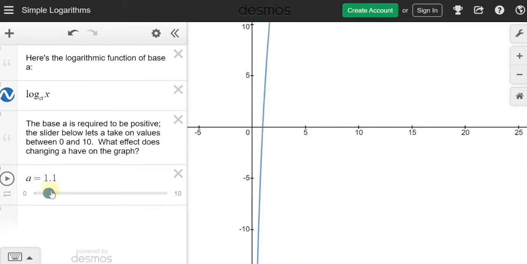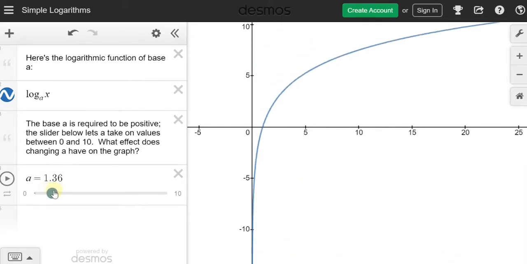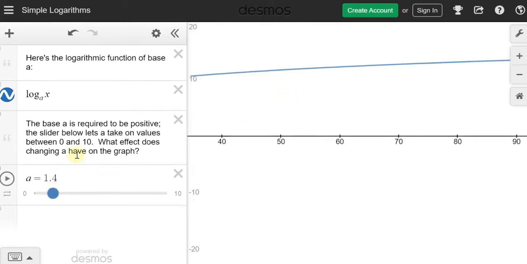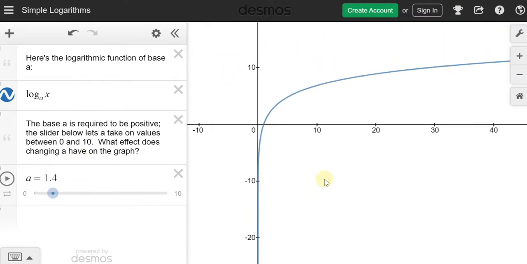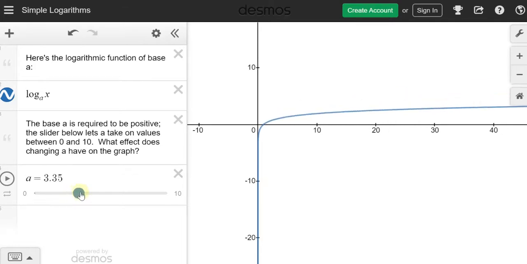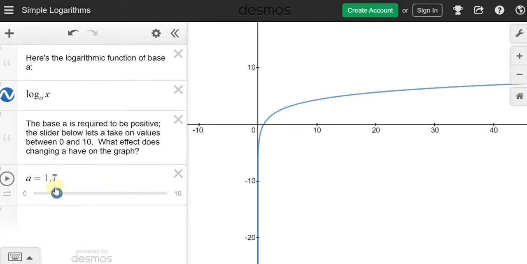Now, look as we increase the base. Let me maybe shrink this so you can see a little better. Right in here, I'm going to increase the base. Look at this graph. See how it's behaving as the base gets bigger, bigger, bigger. And here, it's getting smaller.